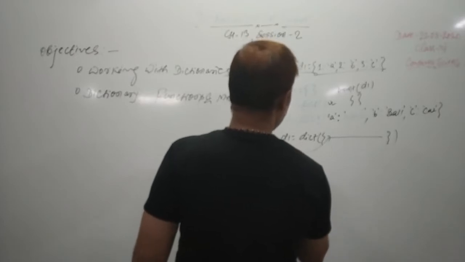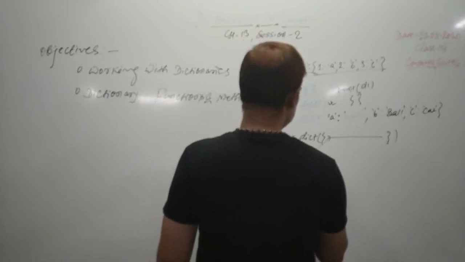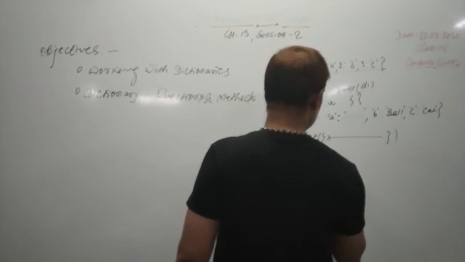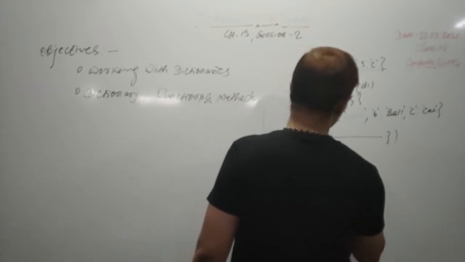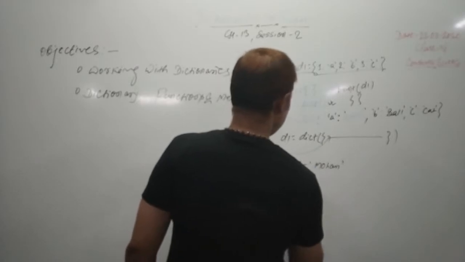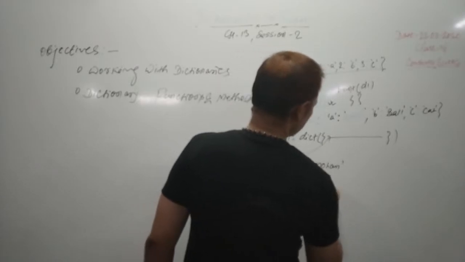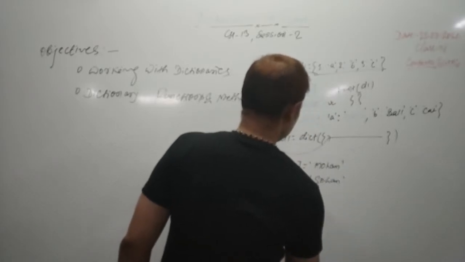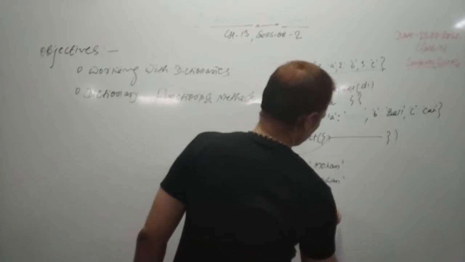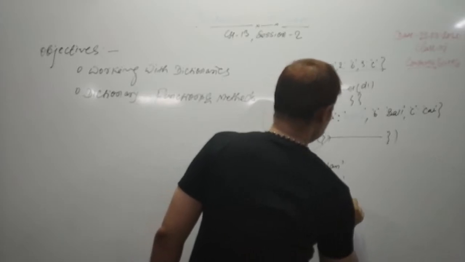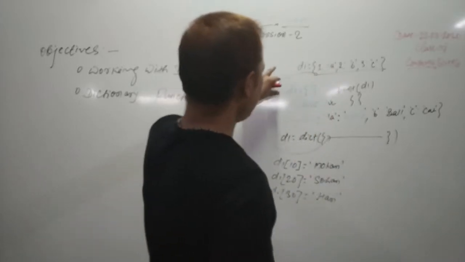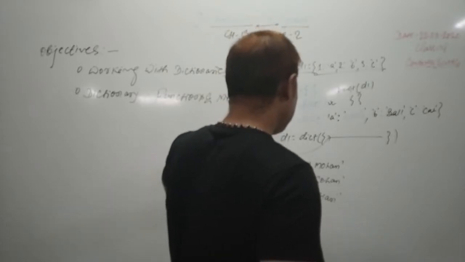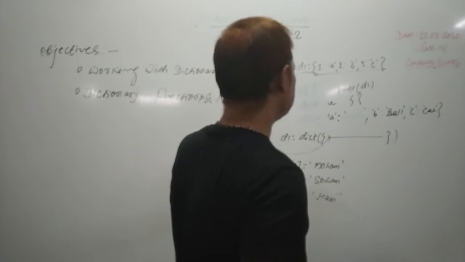For example, D1[10] equal to Mohan, D1[20] equal to Sohan, D1[30] equal to Hari. Since my dictionary was empty and later I added elements to D1[10], it means that 10 is a key.